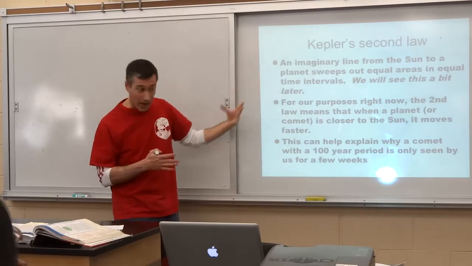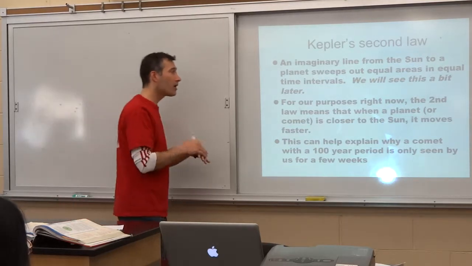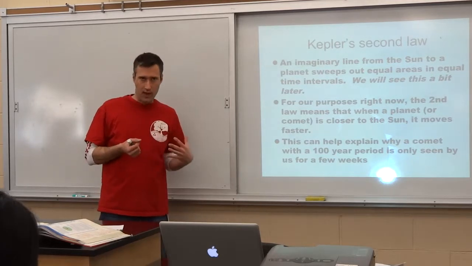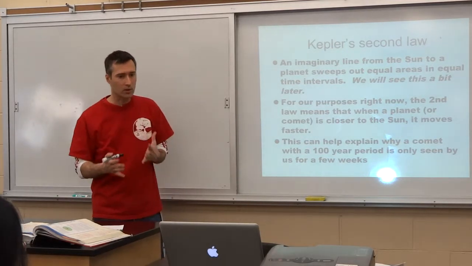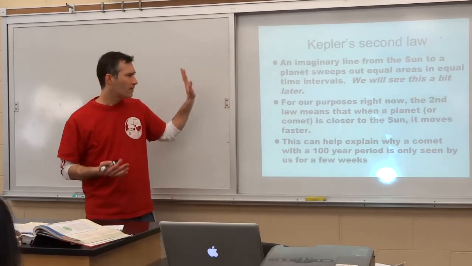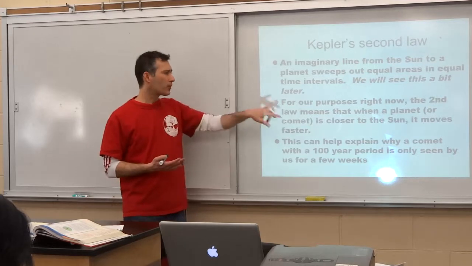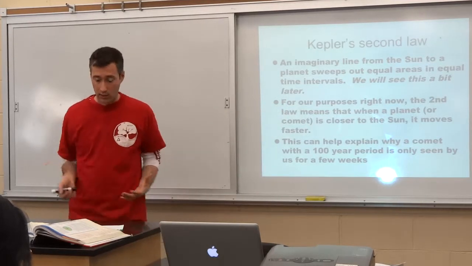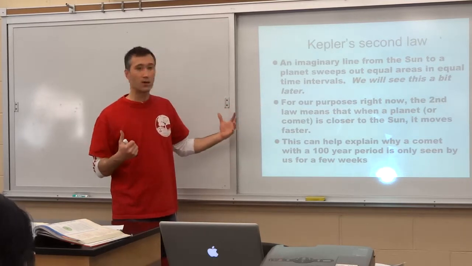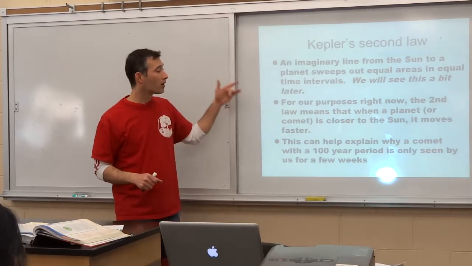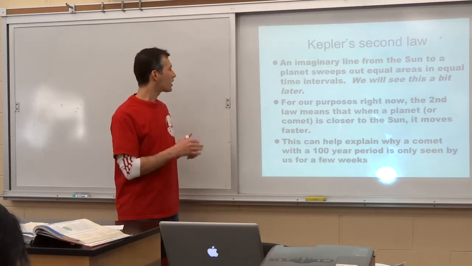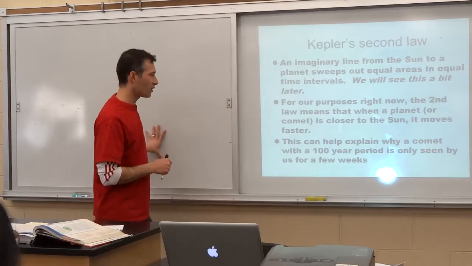An imaginary line that connects the sun and whatever planet we're talking about sweeps out equal areas in equal times as that planet goes around the sun. Maybe that makes sense to you, maybe not. But for our purposes right now, as we just look at these 3 laws for the first time, this does tell us that when we're closer to the sun, we move faster, and when we're further from the sun, we move slower. So let's take a look at that before we move on to the third law.